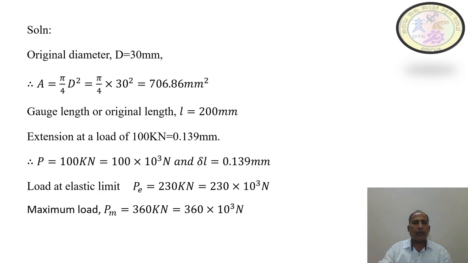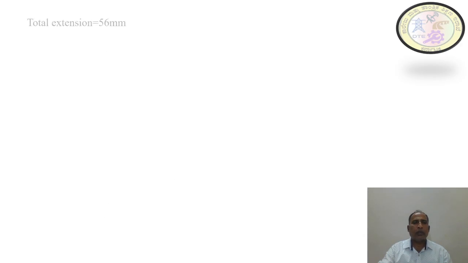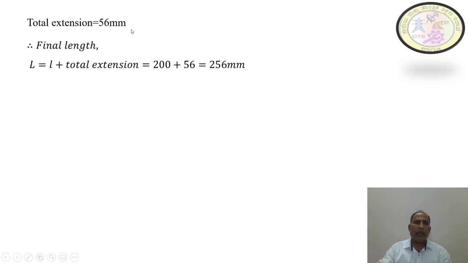So the total extension is given, that is 56 mm, the total change in length. This will not be used for calculating the strain which is required for calculating the Young's modulus. From this value we can calculate the final length. L is equal to L plus total extension.